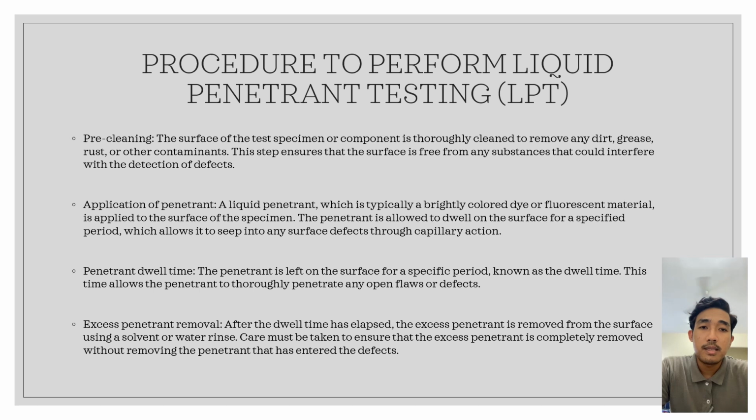Next is the excess penetrant removal. After the dwell time has elapsed, the excess penetrant is removed from the surface using a solvent or water rinse. Care must be taken to ensure that the excess penetrant is completely removed without removing the penetrant that has entered the defect.